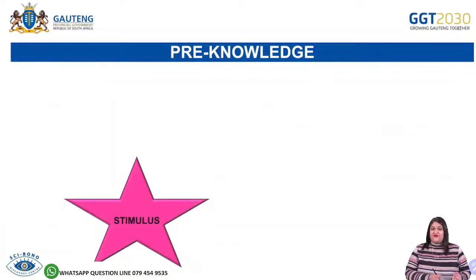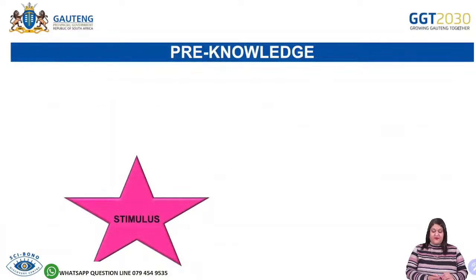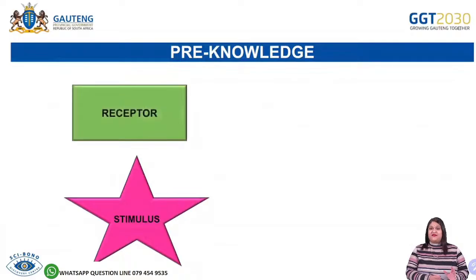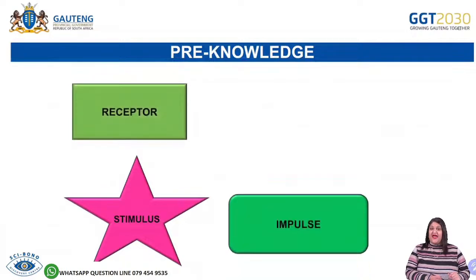Now, stimulus, if you remember what a stimulus is, do you remember? It detects change in the environment. And then we have a receptor. The receptor is going to receive the stimulus, and it's going to convert the stimulus into a nerve impulse. And the impulse gets transmitted via the neurons, and then they go to the central nervous system.